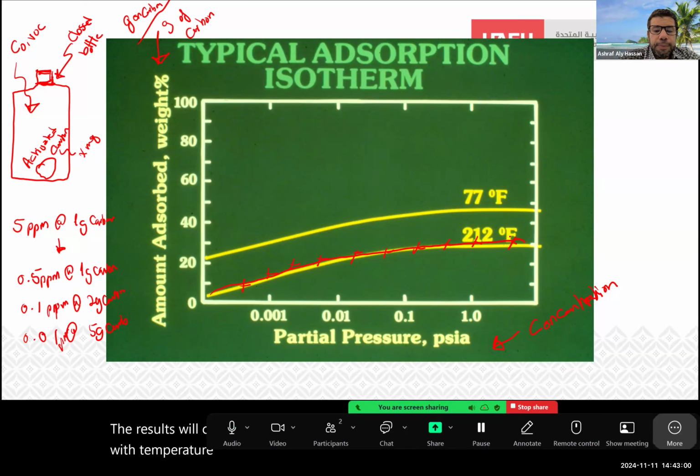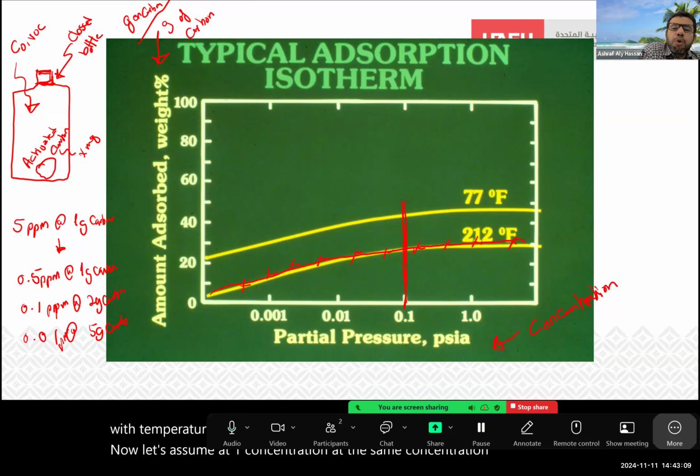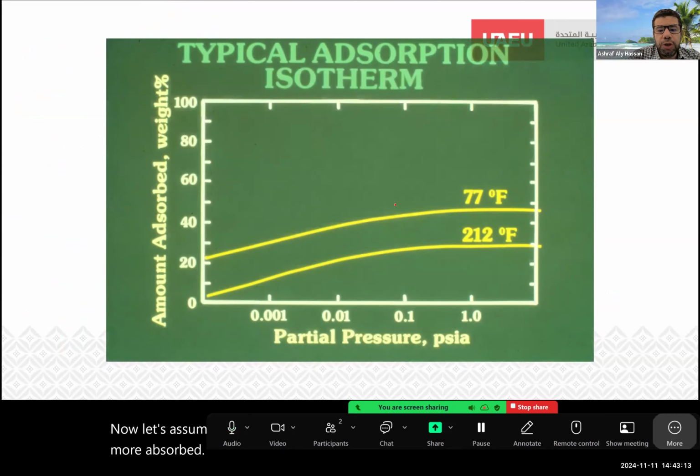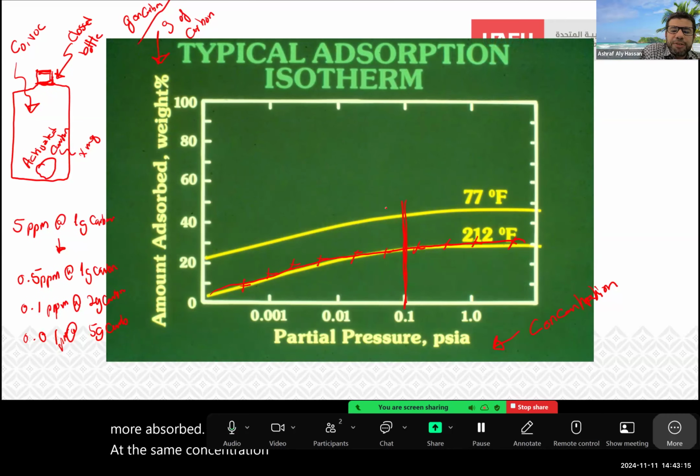So now let's assume at the same concentration, let's say here 0.1 psi, you can get more adsorbed at a lower temperature than at a higher temperature, which makes sense. That's exactly what we explained before. So the isotherms are also done at different temperatures.